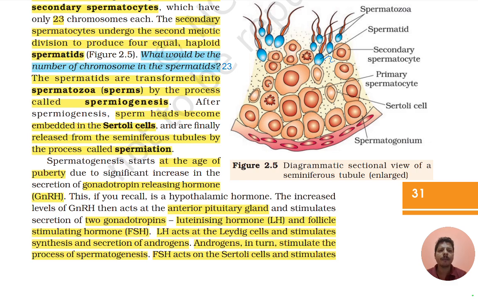As you can see in this diagram, the head is embedded in the Sertoli cell to get nourishment, and they are finally released from the seminiferous tubule by the process called spermiation. When they are fully nourished and mature, they leave the Sertoli cells and go to the seminiferous tubule. That is called spermiation.